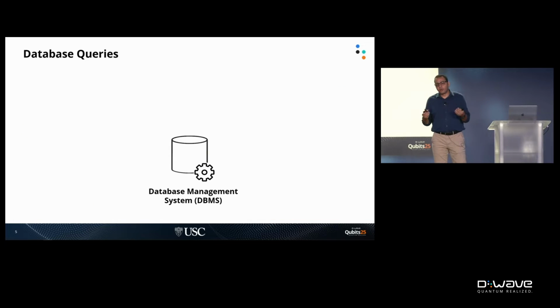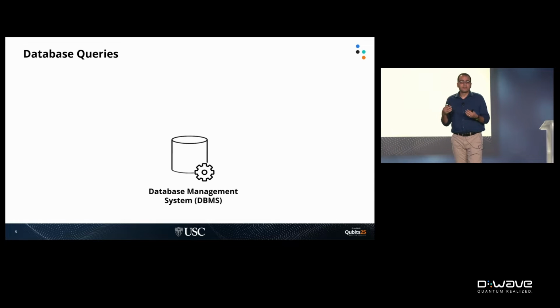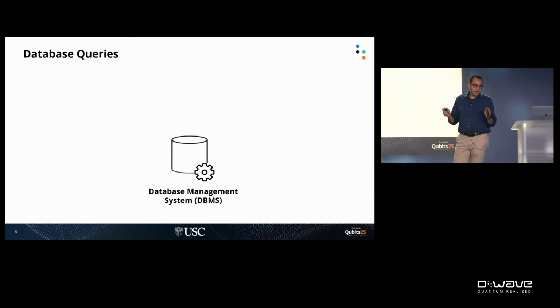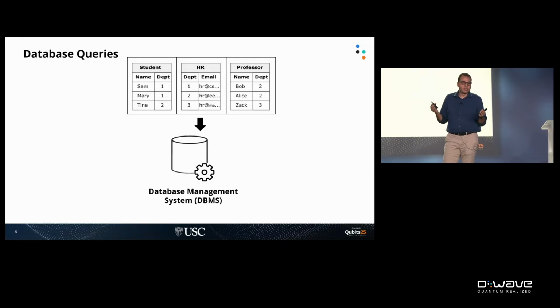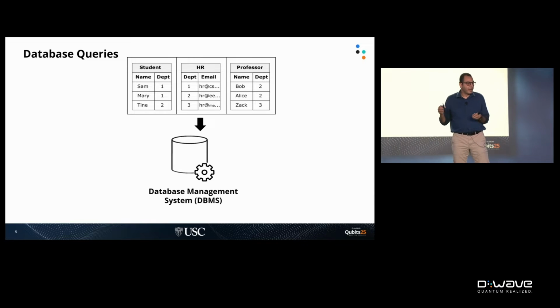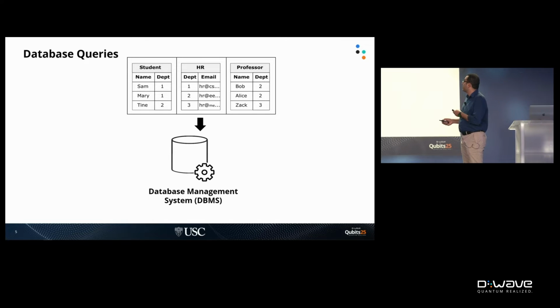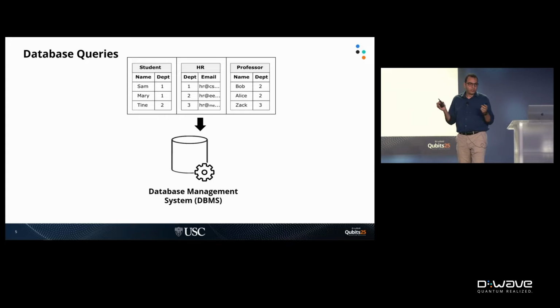So first of all, what are database queries? What are examples of the queries that we get from users and want to answer efficiently? I'm going to give you an example to better answer this question. Assume that we have an application that includes the data of students, HR, and professors from different departments in a school.